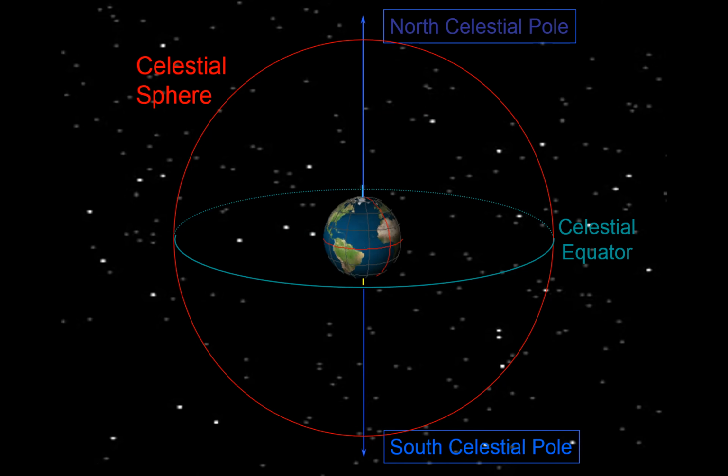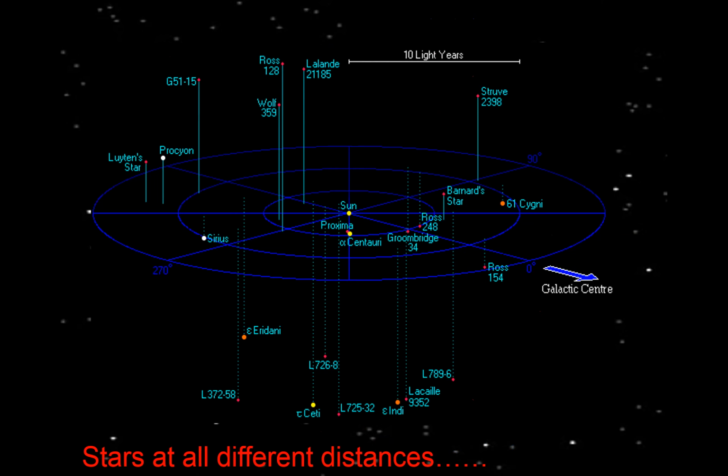Now, if you recall back to our first lecture, the stars were not all at the same distance. They're all spread out up and down, above and below the sun, and at different distances laterally from the sun.